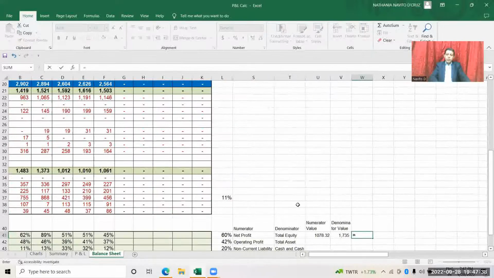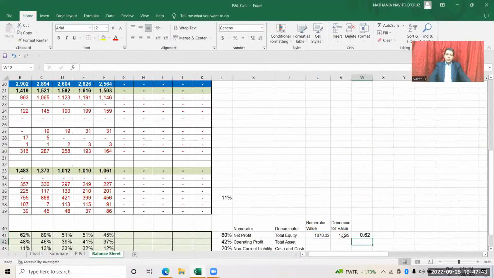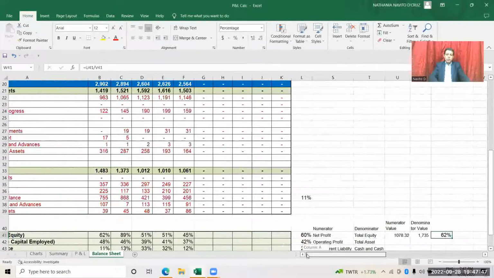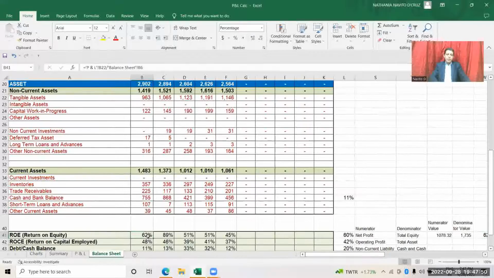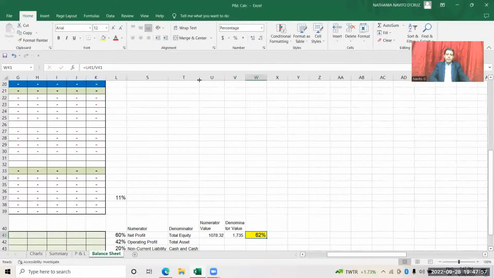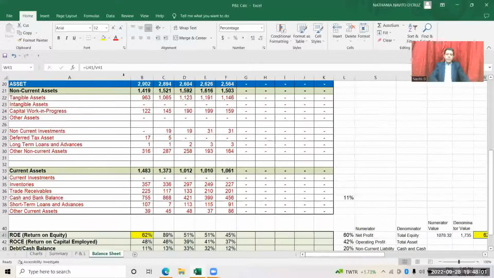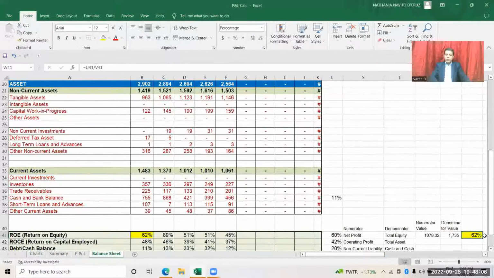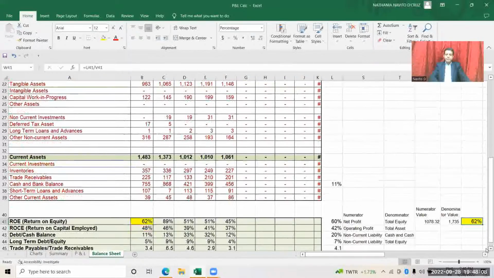And then if you divide these two values, numerator divided by this value, we get 62%. So this same formula, we see the values here as well, 62%. Let me reduce some column. So we see the values matching.